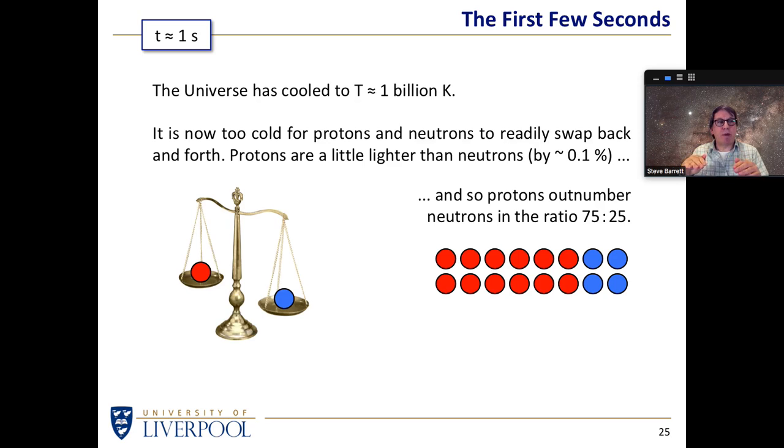If they were the same mass, the universe would make a 50-50 combination of protons and neutrons. But because the particles are slightly different in weight, the scales on the left tell you that the red-coloured protons are slightly lighter than the blue-coloured neutrons. That means the universe makes more of the protons.